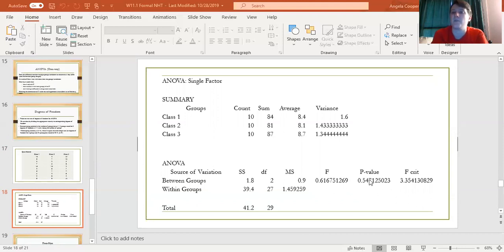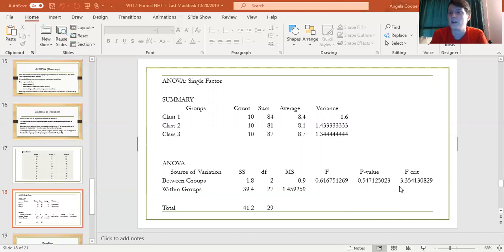This P value is greater than our alpha. But we can also determine significance by looking at the F statistic. Our F statistic from this problem is about 0.62. And for the critical value for F, if our F statistic were greater than this, that would be significant. So that's our threshold when we're looking at the F statistic.